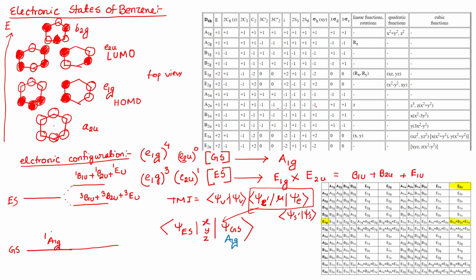So to be spin allowed, it can only be singlet A1G to either of these three. The top one, because they are singlet and they are triplet, so they are not spin allowed. Okay. But to be totally allowed, it is already spin allowed.